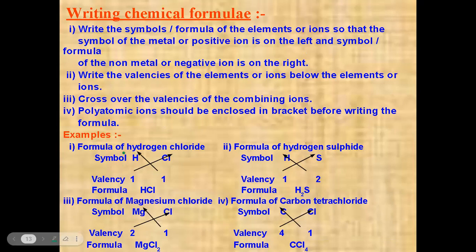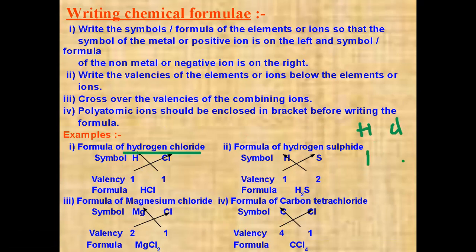For example, the formula of hydrogen chloride. How will you write that? First, you will write the element symbol. What is chloride? Cl. And below that you will write their valency. Hydrogen's is 1.